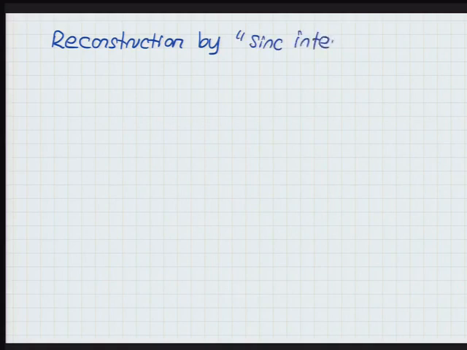So the reconstruction they have in mind is what they call a sinc interpolation, or they don't call it, I'm calling it that. You are familiar with sinc functions, and you know how cute they are. They are smooth, they look like octopi, and they move smoothly, right?